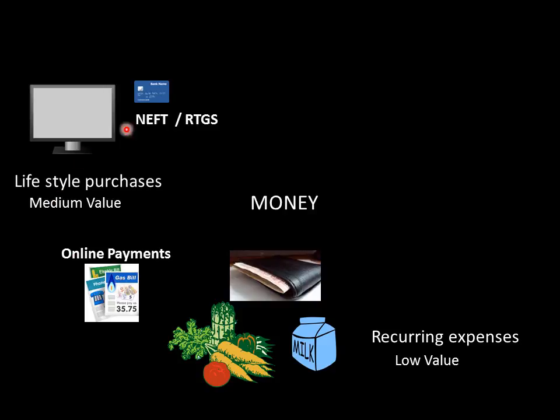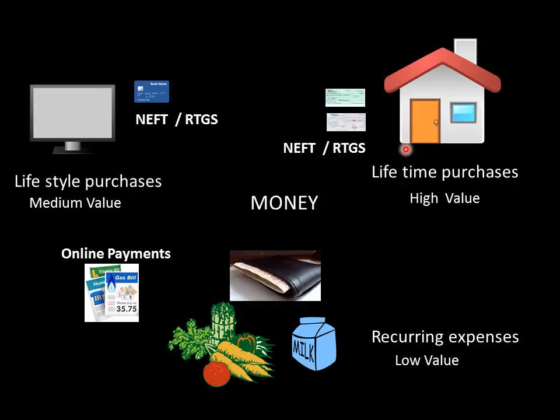For your lifestyle purchases, you have credit cards, debit cards, as well as NEFT and RTGS now. And for high value, lifetime purchases, you have NEFT, RTGS, along with checks and demand drafts. Though NEFT and RTGS are more preferable because this is almost instantaneous, and on the same day you can make the transfers. You might use checks and demand drafts only in very rare cases now.